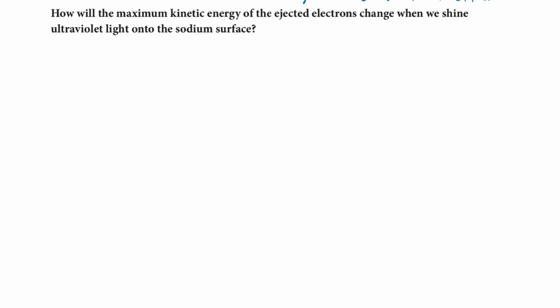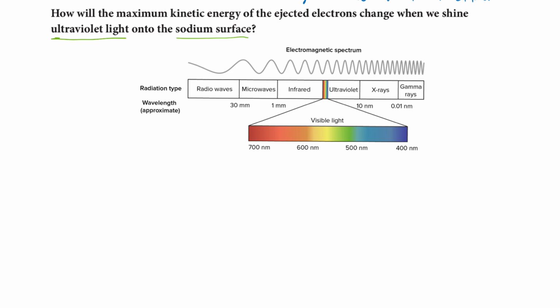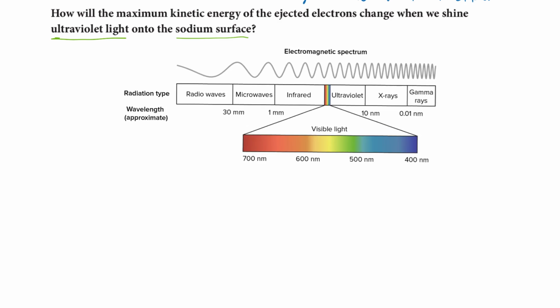How will the maximum kinetic energy of the ejected electrons change when we shine an ultraviolet light onto a sodium surface? Right. If I look at my electromagnetic spectrum, and where it actually falls, I'm just going to highlight this for you, is here.